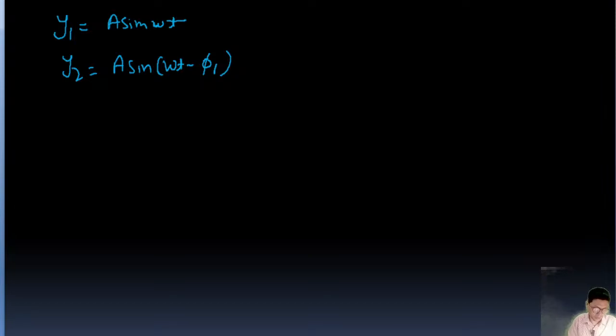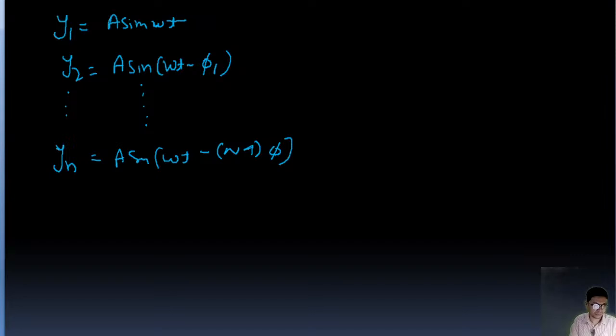Similarly, yn for the nth wavelet is going to be a sine omega t minus n minus 1 phi, where phi is the phase difference between two wavelets.